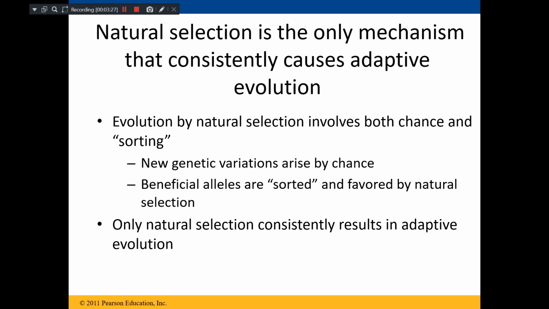So that's why natural selection continuously as well as consistently results in adaptive evolution. In fact, for evolution to happen and to continue, there should be adaptation. Otherwise, nature will not select.